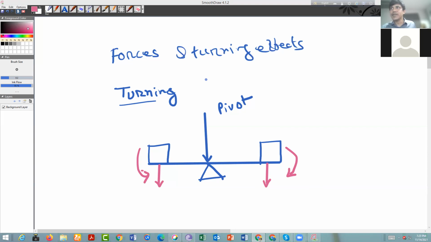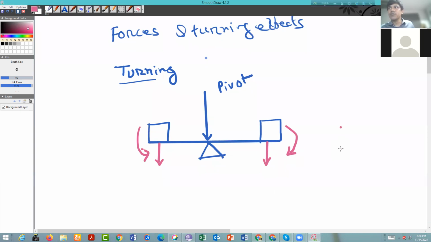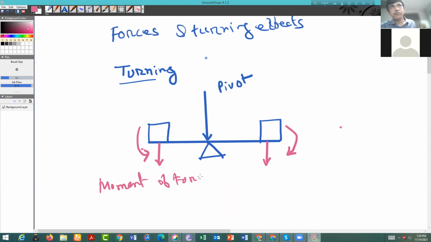So the moment of force. How can we calculate the moment of force? The size of the moment of force can be calculated using an equation: moment of force equals the force applied here, which we denote by F, multiplied by the perpendicular distance from the pivot, D. How much distance is here?